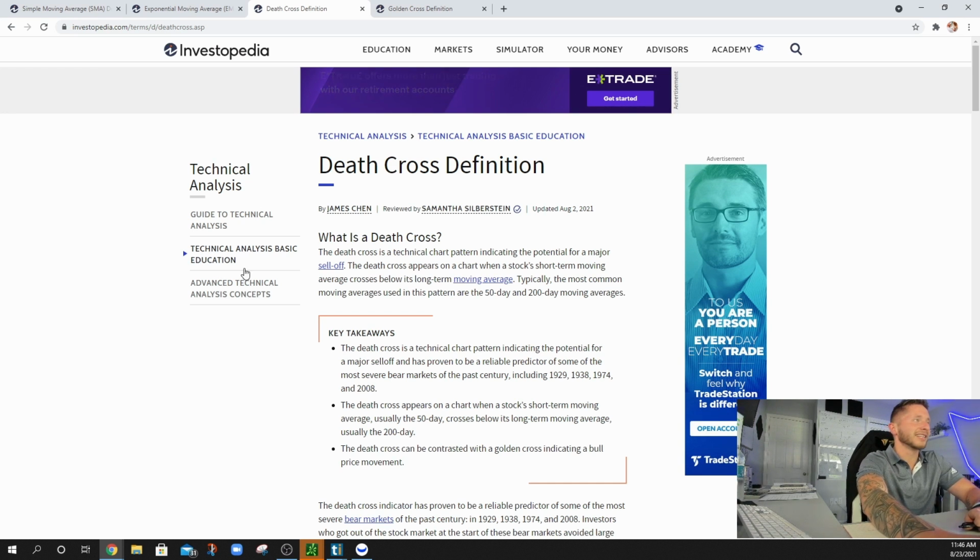Well, it is bad. The death cross is a technical chart pattern indicating the potential for a major sell-off. The death cross appears on a chart when a stock's short-term moving average crosses below its long-term moving average.